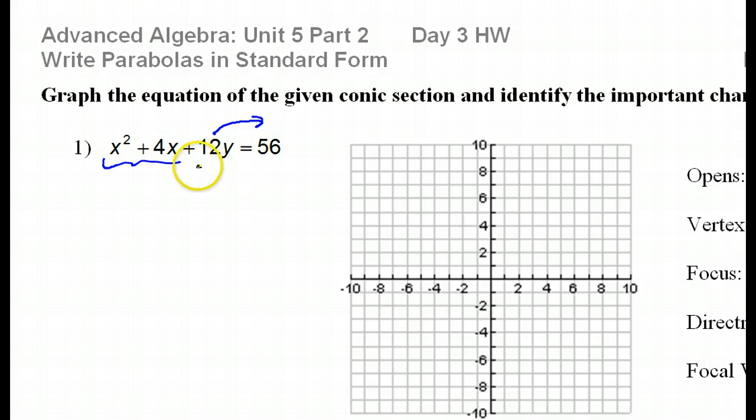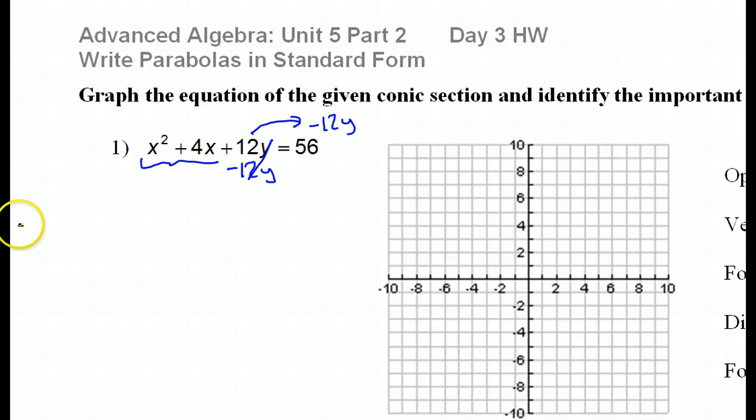So with that in mind, I am going to subtract 12y from both sides. Okay, that way these are gone. Now, I have x squared plus 4x, and I'm going to leave a space because I'm going to have to complete the square here. And then over here, I'm going to have negative 12y plus 56.